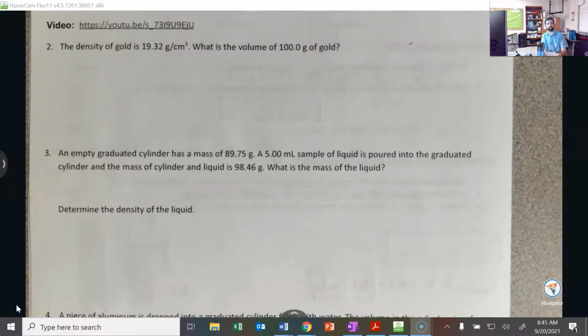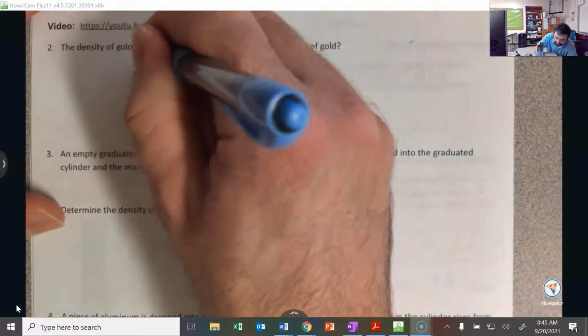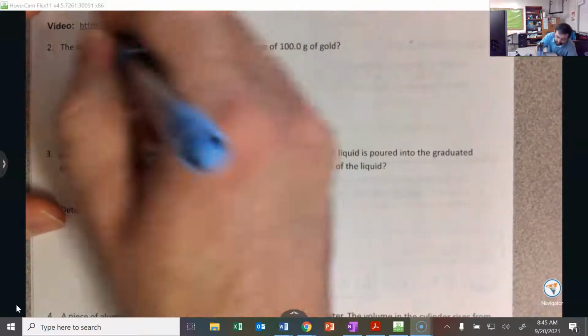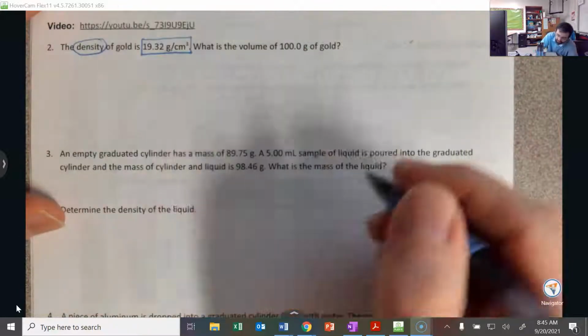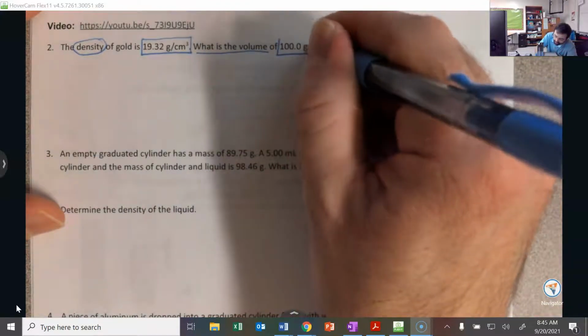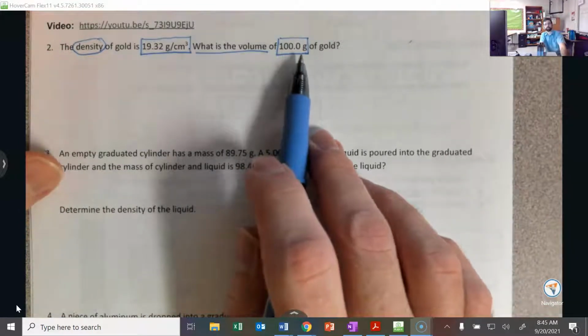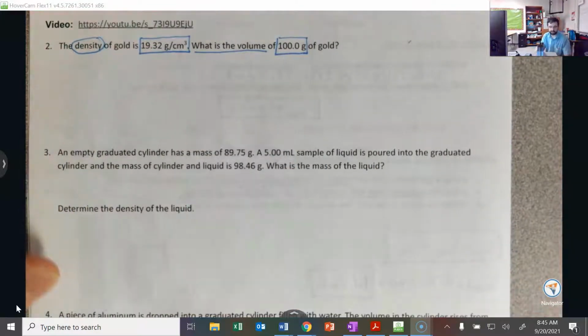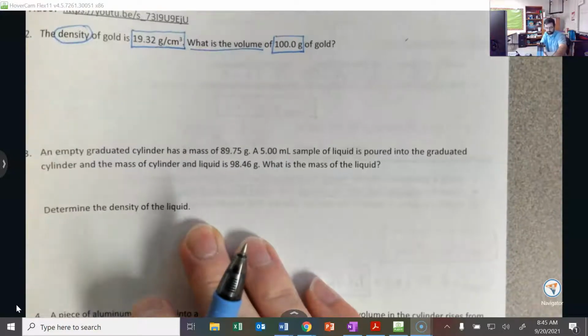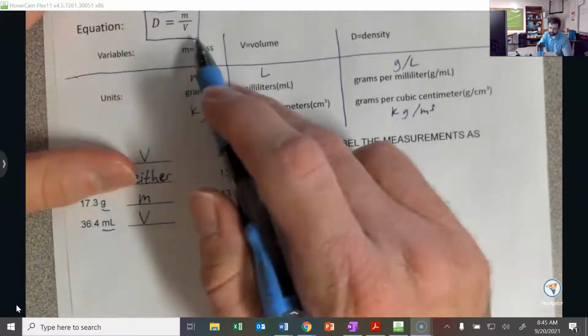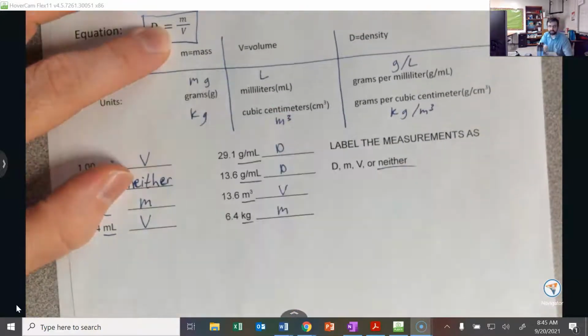The density of gold is 19.32 grams per centimeter cubed. That's our density. What's the volume of 100.0 grams of gold? Now it tells me 100.0 grams. I hope that you can recognize that, if you look back at our units on the second page of our notes, grams are a unit of mass.